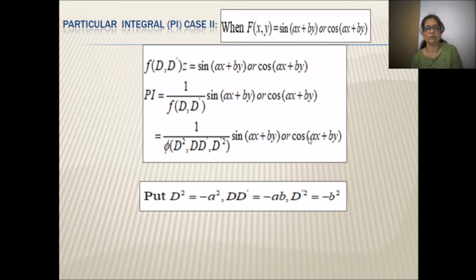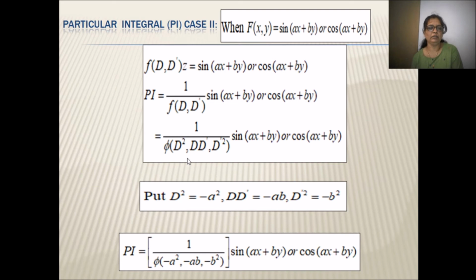This a and b we write down from the right hand side of the equation. And then this is the function of phi, 1 upon phi of D square meaning minus a square, D D dash meaning minus ab and D dash square equal to minus b square, remaining terms as they are. In this way, we solve the problems of case 2.